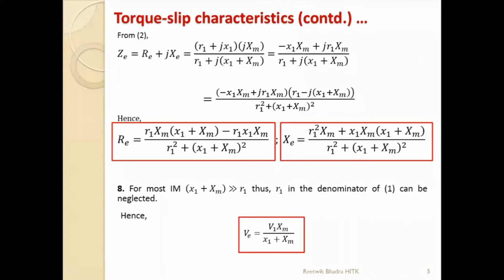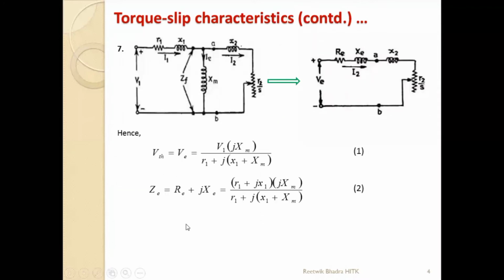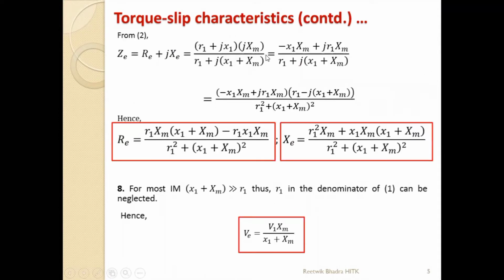Next. These are all the calculations done, which we'll do step by step. Up to this, we had written, see, ZE is equal to RE plus JXE. This formula, up to this, we have written R1 plus JX1 into JXM divided by this one. So up to this, we have done. Then after that, normal calculation, what I did, multiplied this in bracket, this one into this one. So first term will be what?